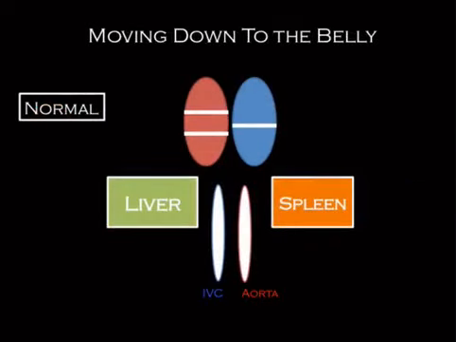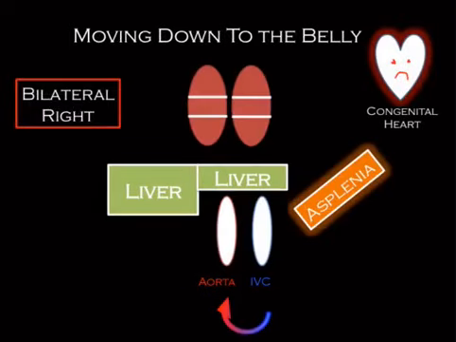Now, if we move down into the belly, here's a normal situation, schematically done. Liver on one side, spleen on the other. Two fissures, one fissure, IVC close to the liver, and aorta close to the spleen. So if you're bilateral right-sided, what organ is on the right side of the body? Well, the liver, right? So you've got a liver on both sides.